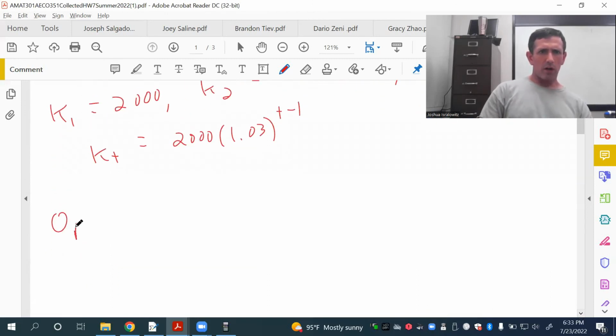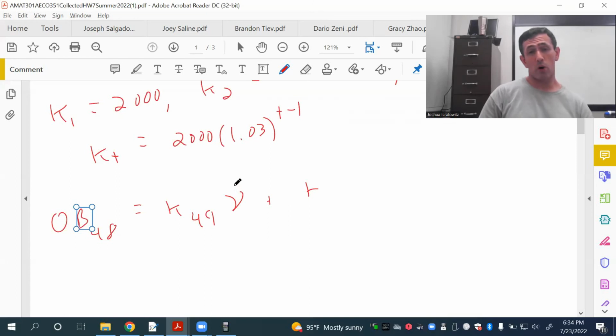All right, so using the prospective method, we have the outstanding balance after 48 months is going to be just plug and chug into the formula, K49 times your present value factor, which is 1 over 1.0025, plus K50 v squared.